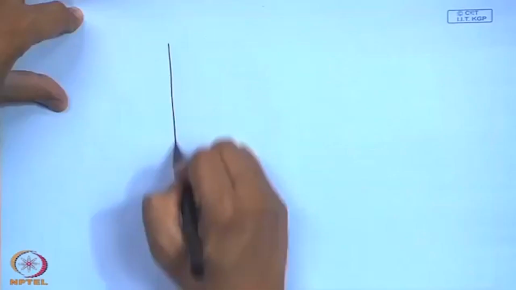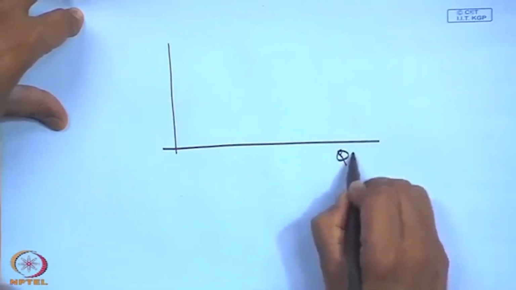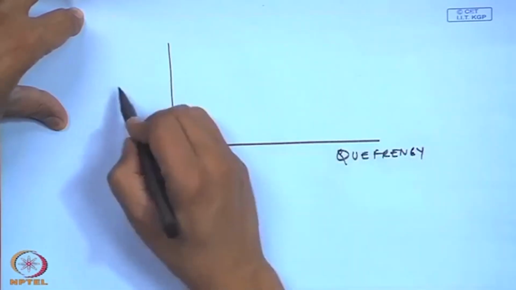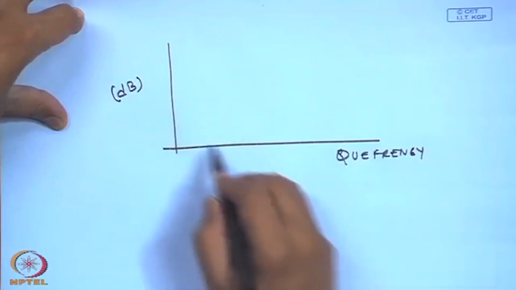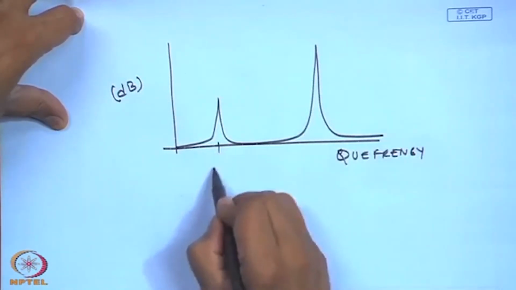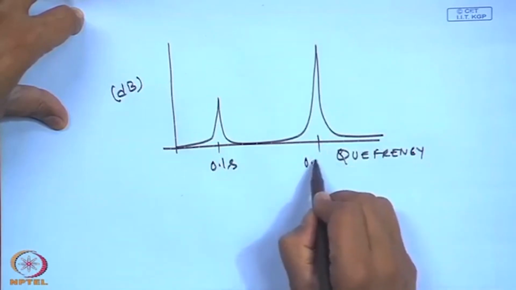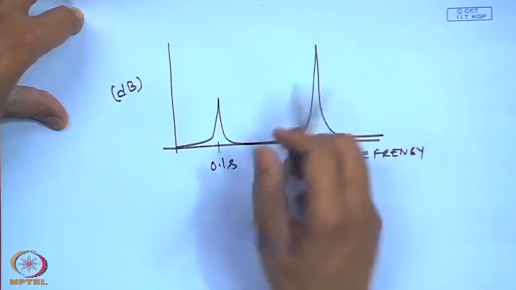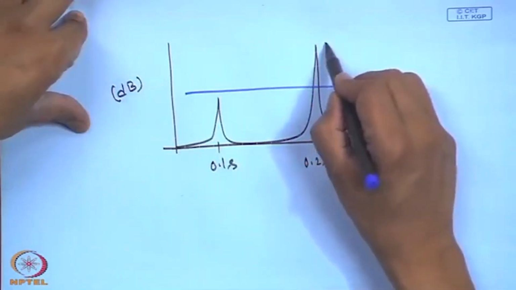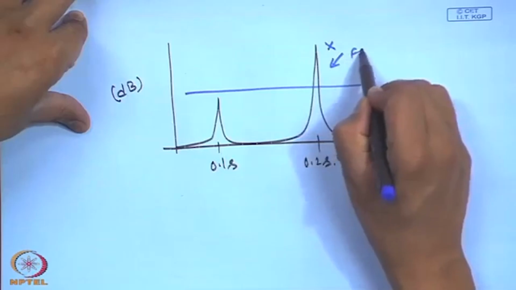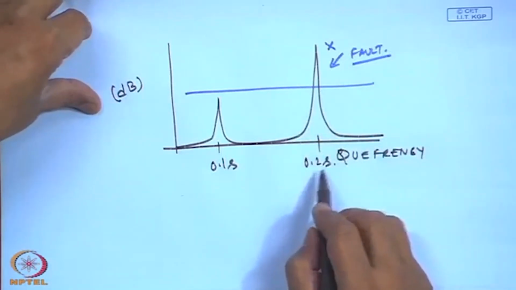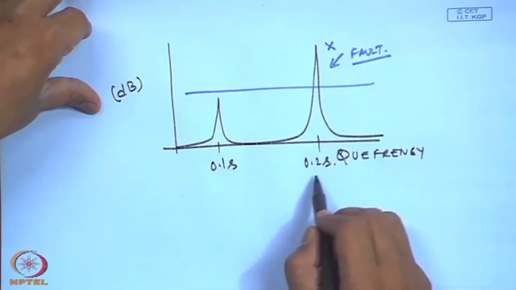So, in the quefrency plot, with some dB amplitude, because this is in a log scale, if I see a quefrency at 0.1 seconds or 0.2 seconds, and with time if I monitor the quefrencies, I will know that there is a fault in the device which is running with a time period of 0.2 seconds.